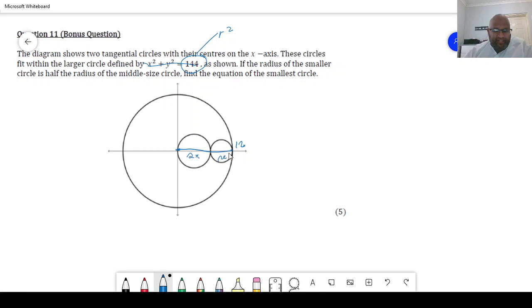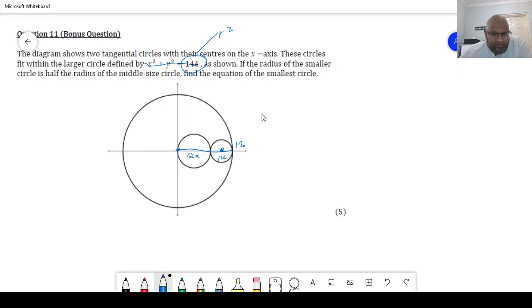Or if you let your radius be x, then that's going to be 2x and that's going to be 4x. Okay. Find the equation of the smaller circle. So in other words, I need to know the center of that circle, okay, and I need to know the radius of that circle.